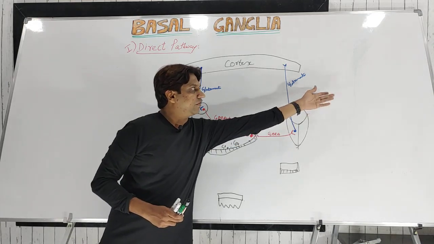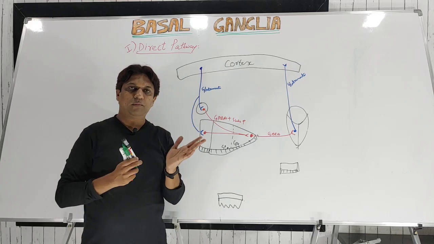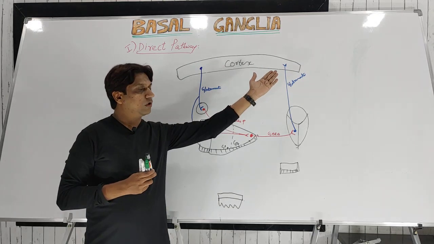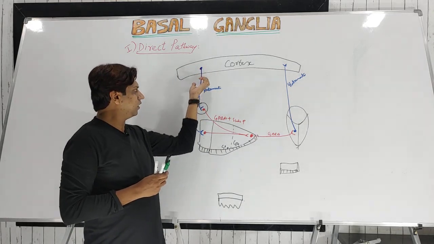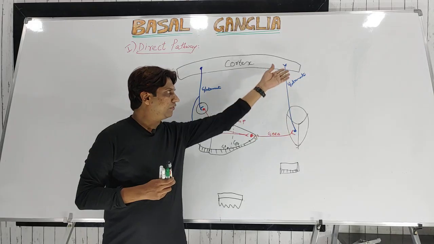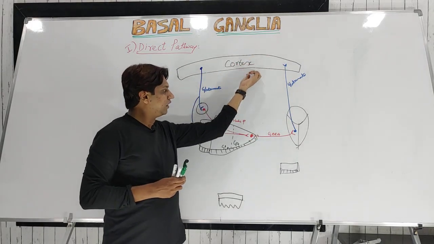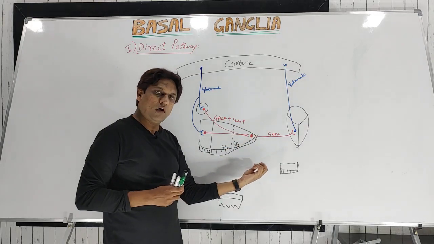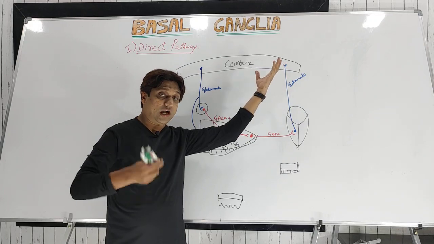Just now we have discussed how there is a connection between the motor cortex and the basal ganglia. This is how the direct pathway works: from the cerebral cortex it goes to the basal ganglia, to the thalamus, and the information goes back to the motor cortex, and from here the descending tracts go, after the basal ganglia send feedback or input to the cerebral cortex regarding the movement.